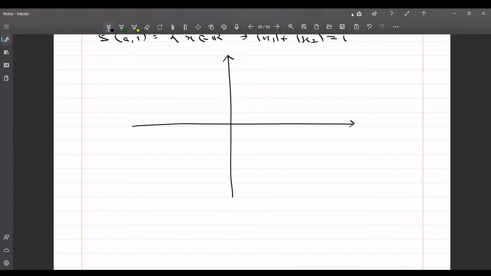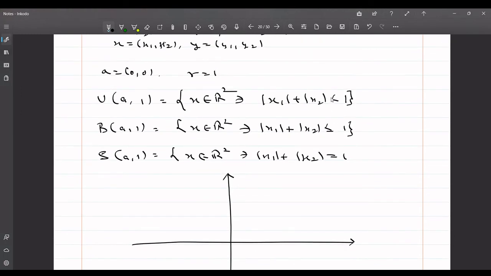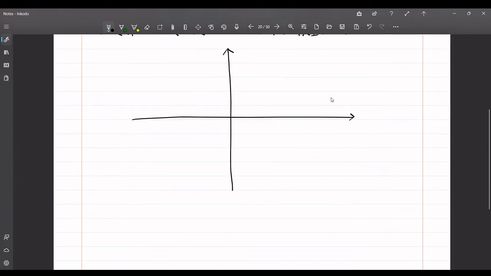It is pretty much obvious to see that the extreme points here are 1 0, 0 1, minus 1 0 and 0 minus 1, right?